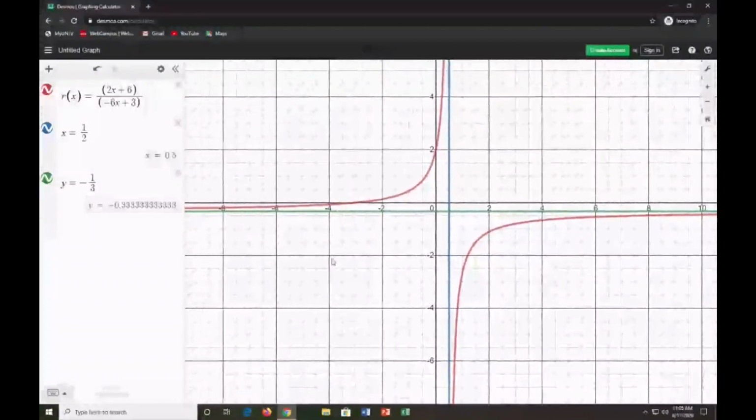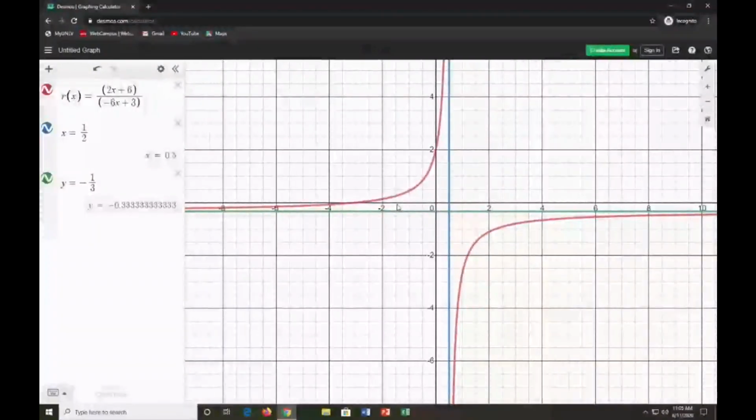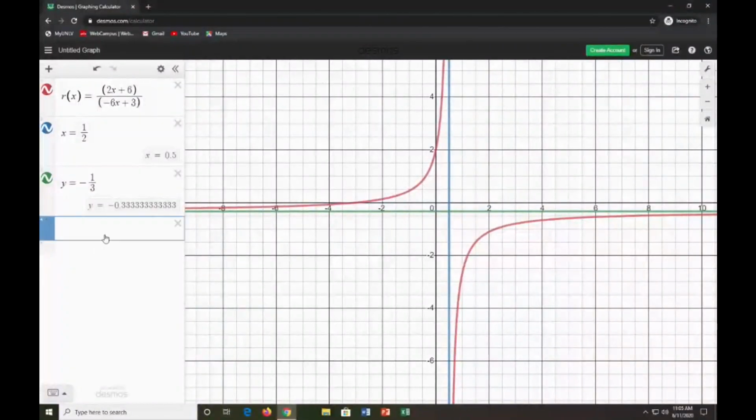Okay, like that. Let's also snap to the x and y intercepts that we found. We found that the x-intercept is at negative 3 comma 0. Right there, we can see the transition. And the y-intercept, we found that was 0 comma 2.